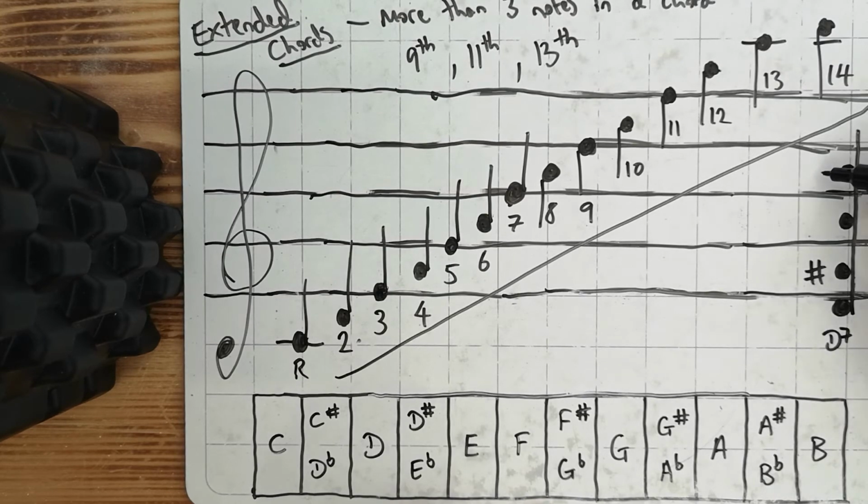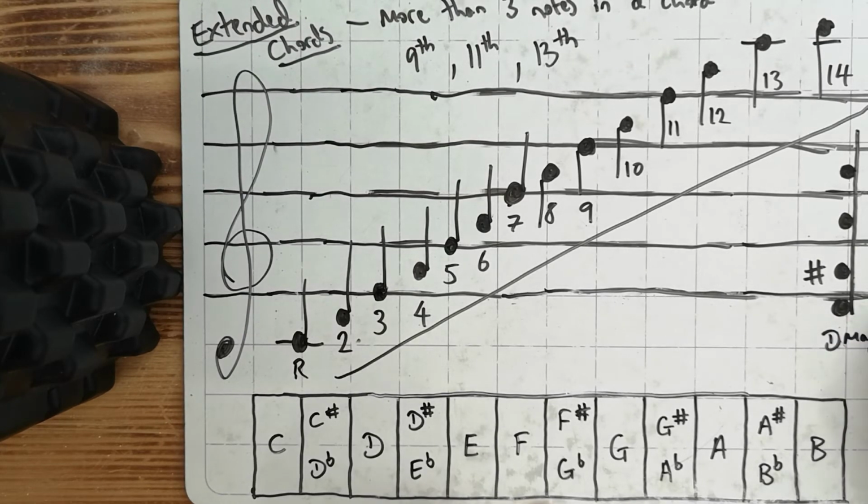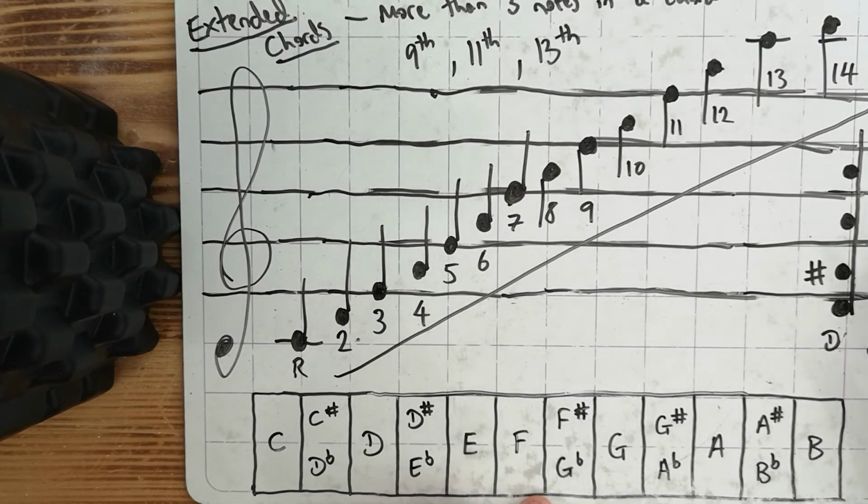I know that that's a C, the top note, the 7th there, so I know that that is a dominant 7th. It's not a major 7th, because although it's a major chord, it's not a major 7th. So it is just D7.